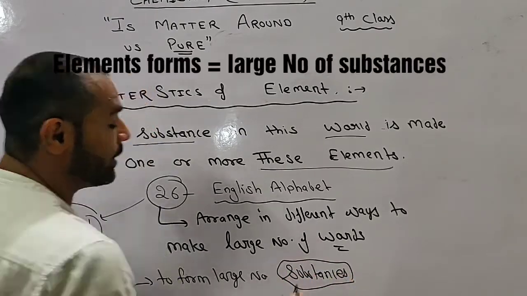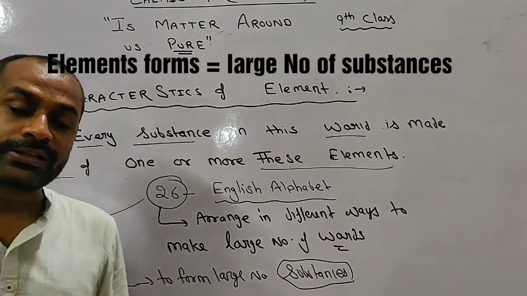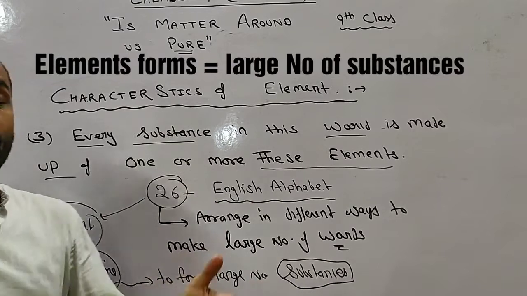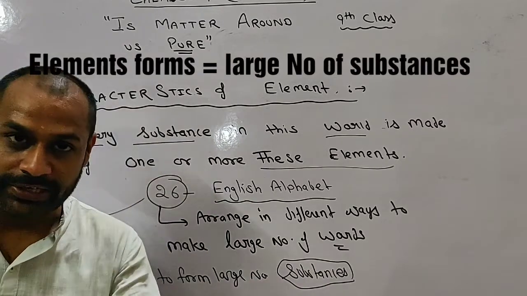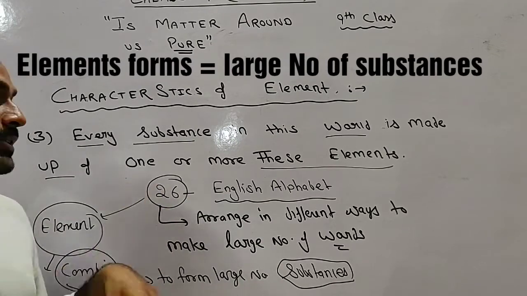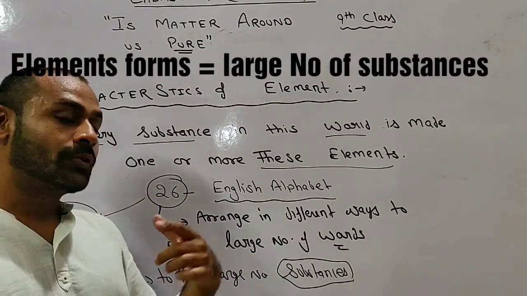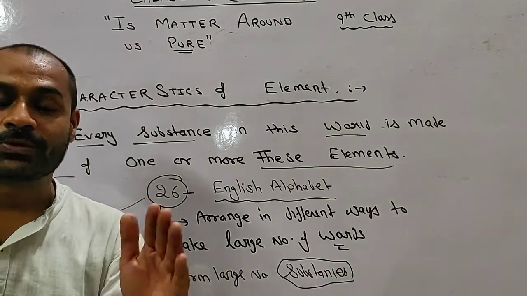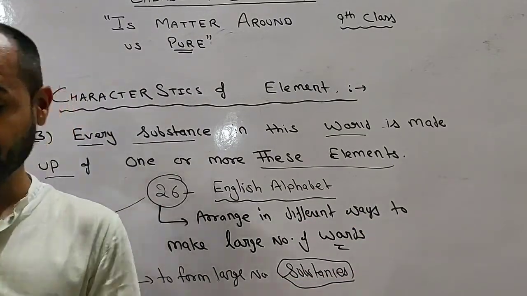As I told you, every substance in this world is made up of either a single element or a mixing of many elements. Like in English, alphabets combine to form a large number of words, and the elements combine to form a large number of substances in the same way. Fine.